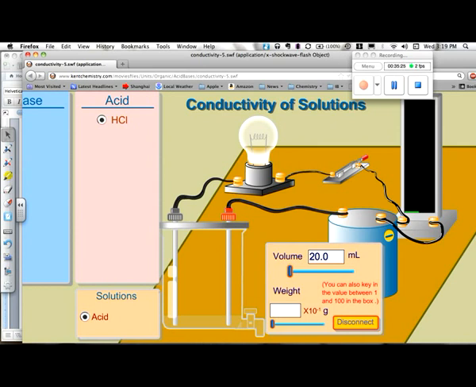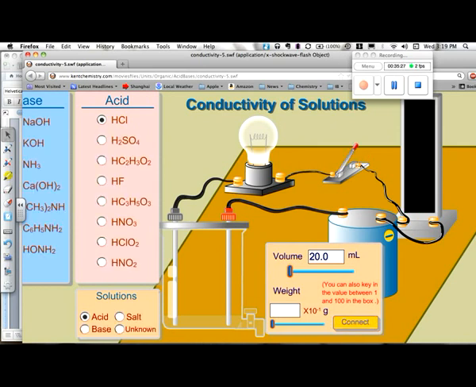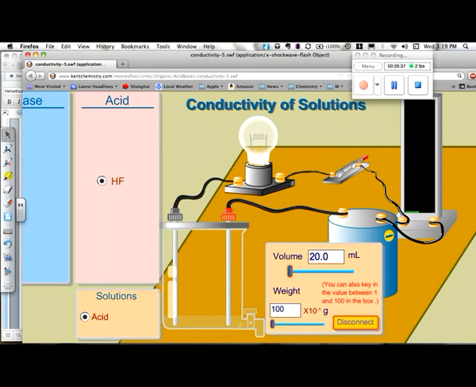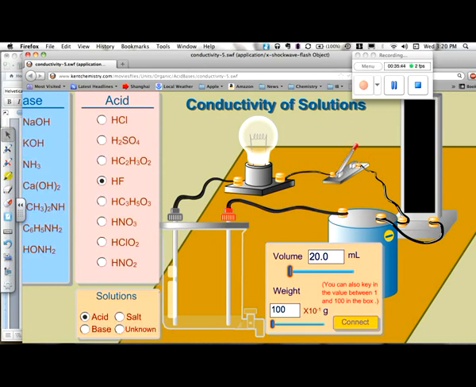Let's do disconnect. Okay. Let's do HF, which is a weak acid. And let's do 100 grams in 20 milliliters of water. Connect. Get the same reading as we did for the HCl. Let's try this one more time. 100, connect.